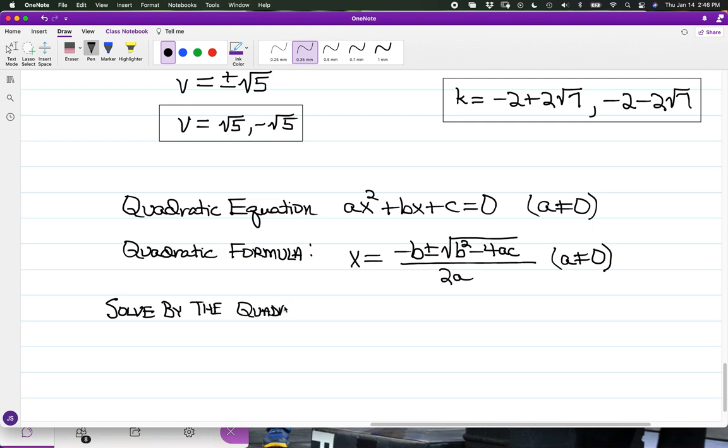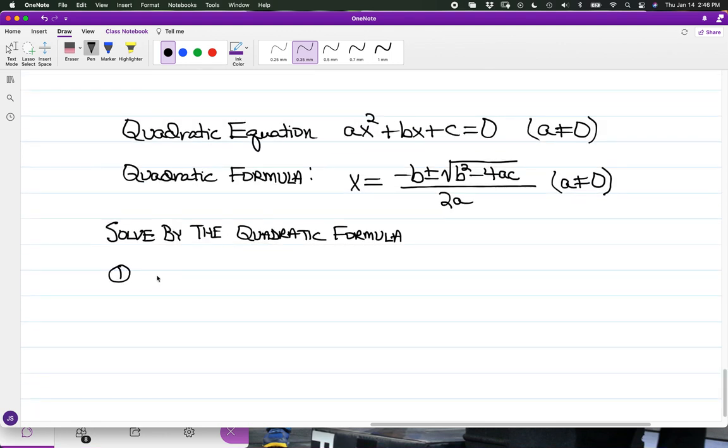We'll say that we have, as a first case, where all the terms are positive, 2x squared plus 7x plus 1 is equal to 0.